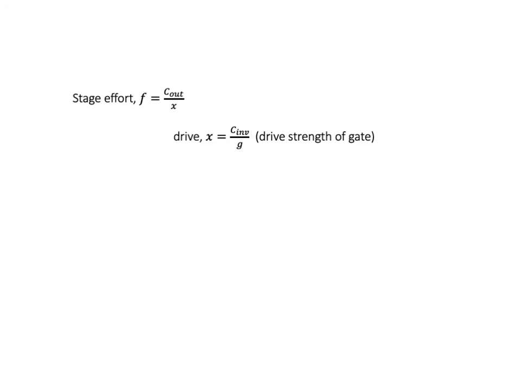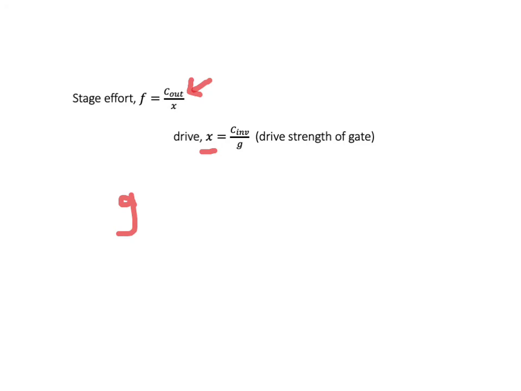There is another intuitive way to think about the logical effort, and that is to think about it in terms of what we call drive X. So drive is the relative drive strength of the gate with respect to the load gate capacitance C out.